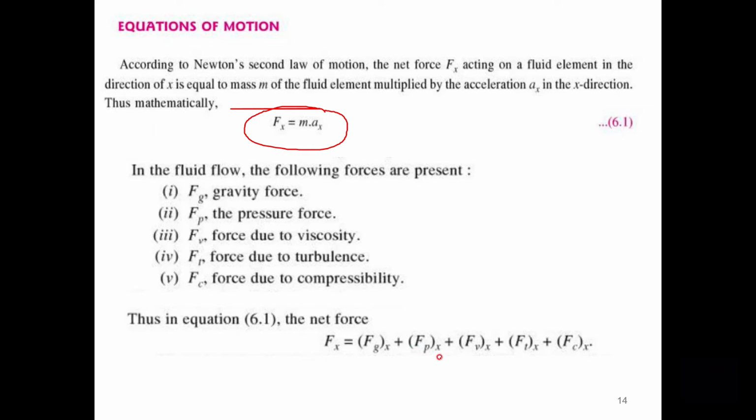So these all are responsible for the motion of fluid. Hence we are taking the sum of all the forces here. Since the force is acting in x direction, it has been written in x direction, that is Fgx, Fpx, Fvx, Ftx and Fcx. So these all will be acting in x direction, hence it has been written with x.